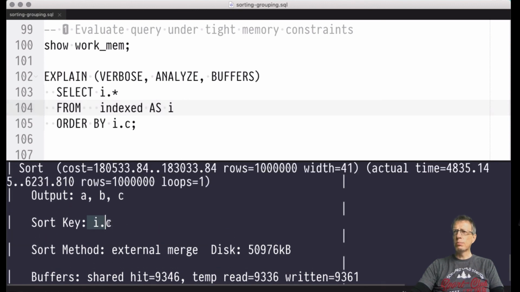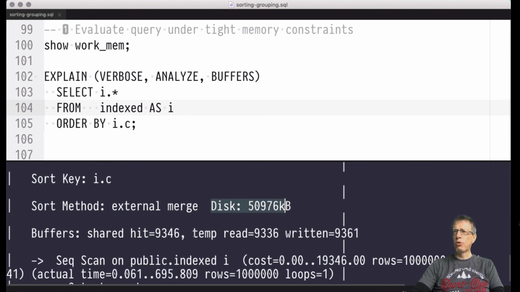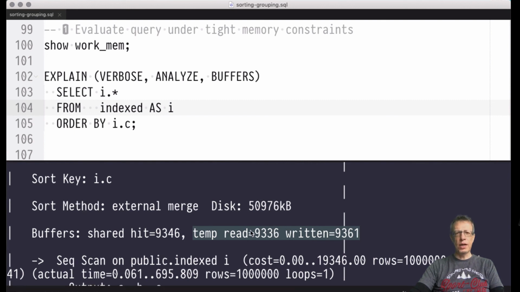So we sort by the C column, but we need the external merge operator that uses disk space, and it performs quite some I/O here. Actually, it appears that all of the pages of the underlying relation have been written and then read back in. And we will see that this is indeed the case once we look at the details of this external merge sort algorithm.